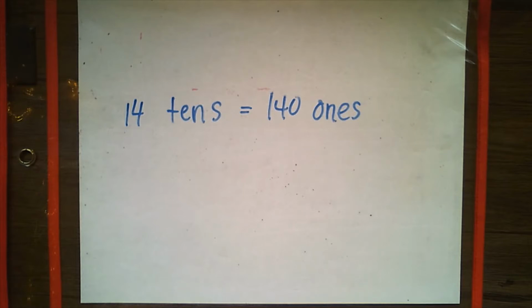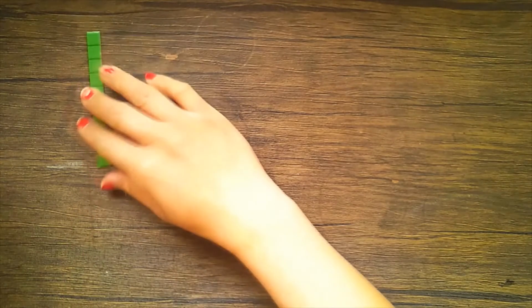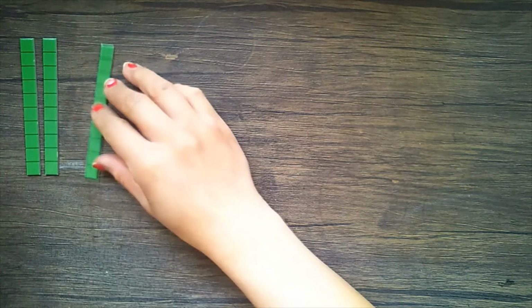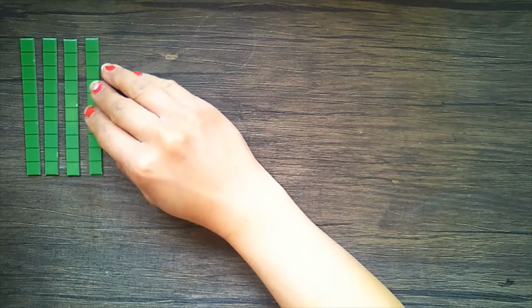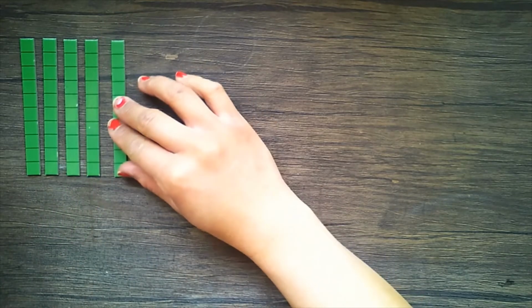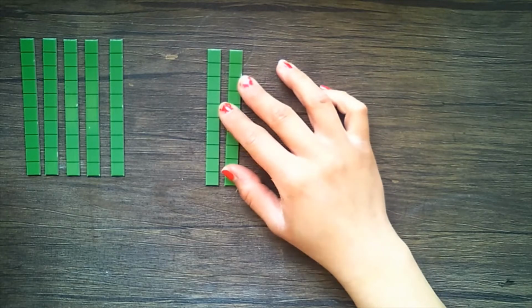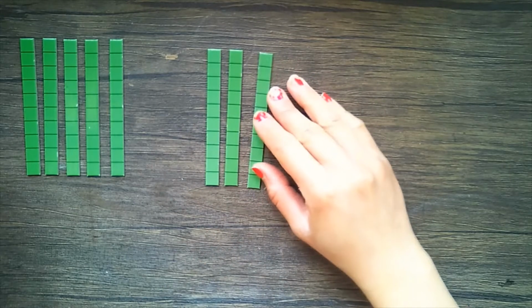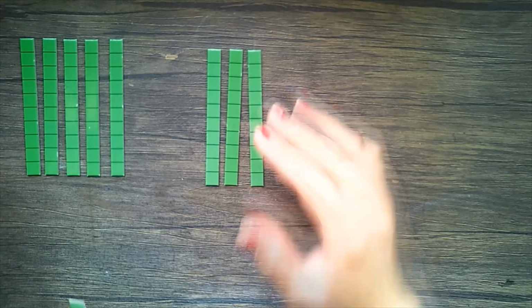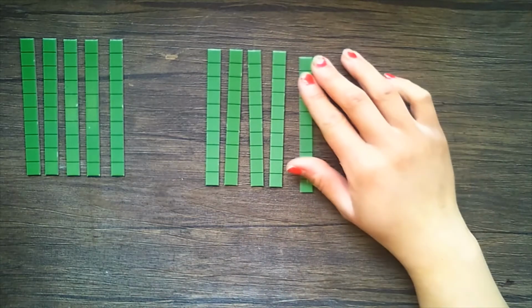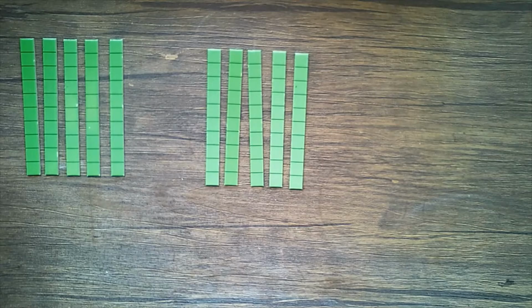Let's begin by looking at 14 tens. I'm going to take this away. Let's take a look at 14 tens. And notice how I'm setting up my tens in 5 groups or a 10 frame.